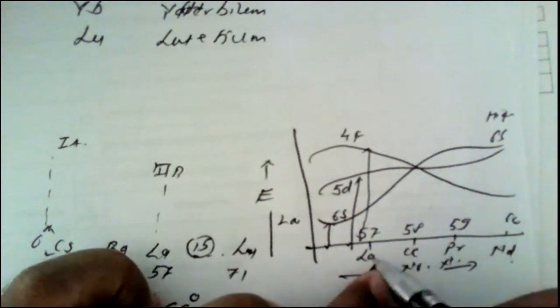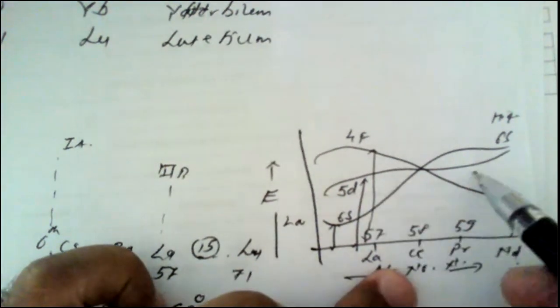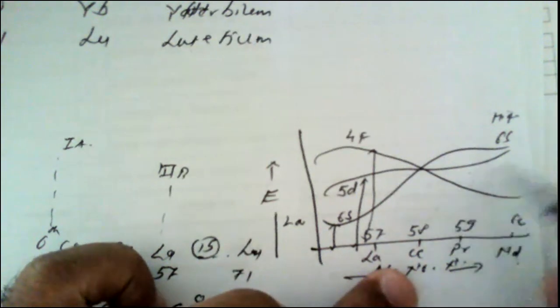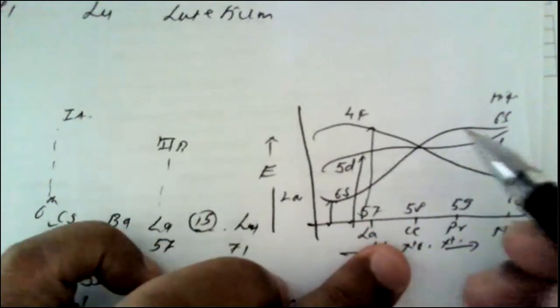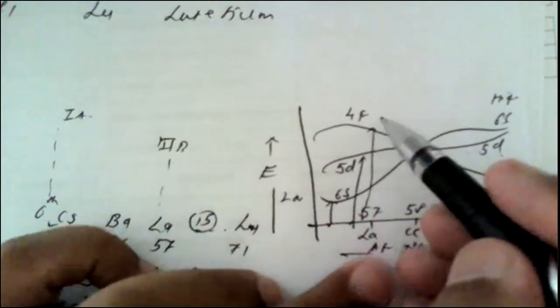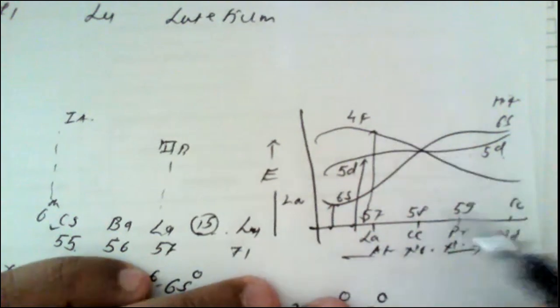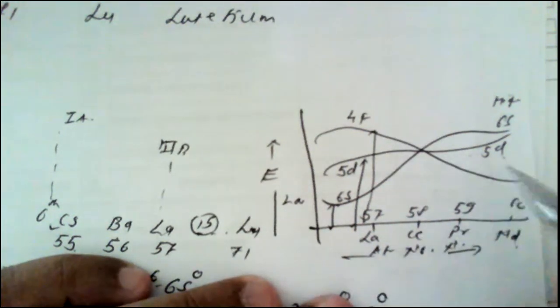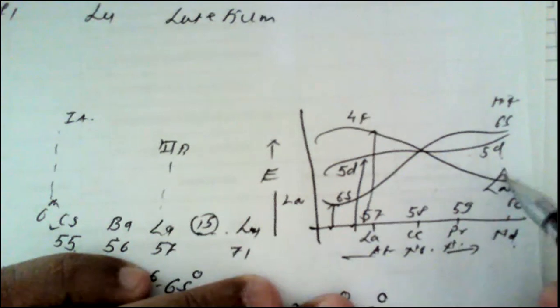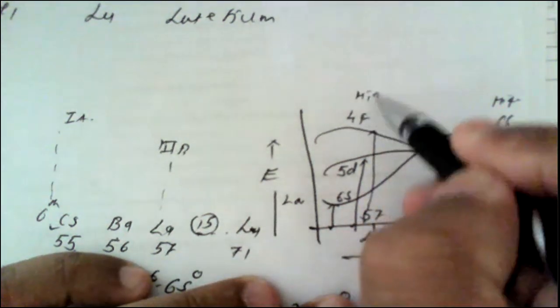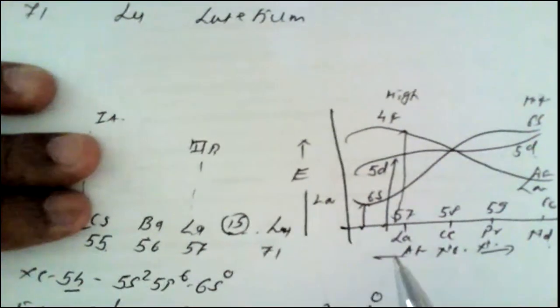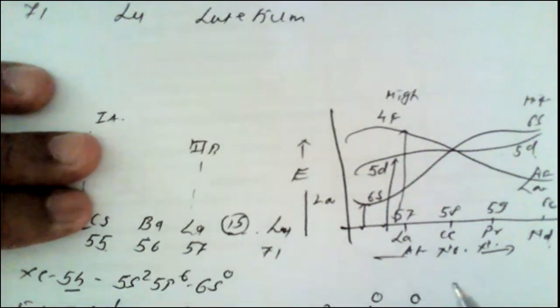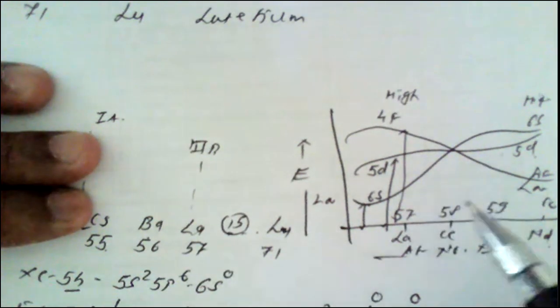Before and after 58, the 5d orbital has almost the same energy. But the 4f orbital after atomic number 58 has low energy, and it has high energy before atomic number 58. So as per the above principle, the low energy orbital is filled first and successively higher energy orbitals are filled.